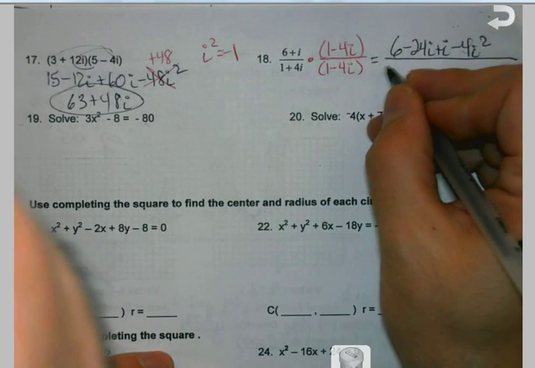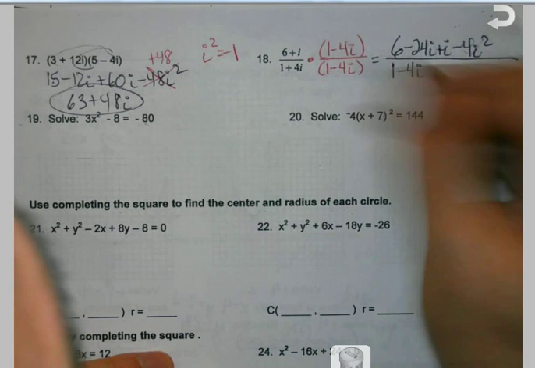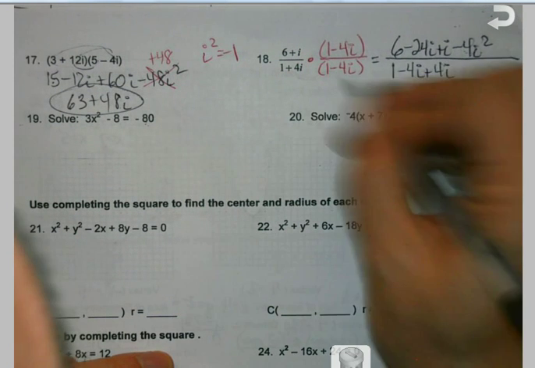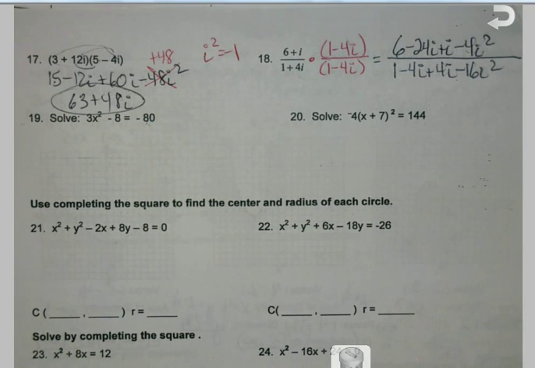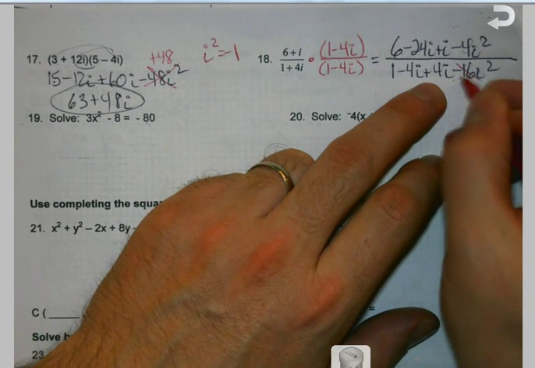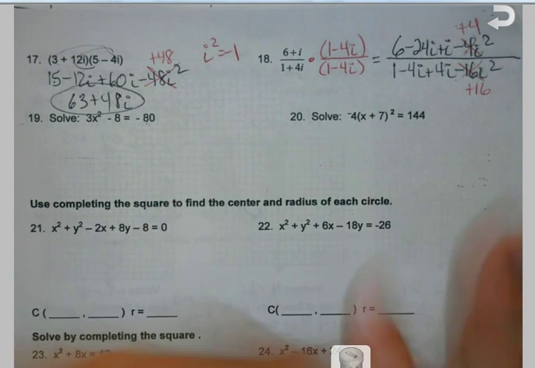And down in the denominator, I've got 1 minus 4i plus 4i minus 16i squared. But I remember my i squareds, just basically change the sign of whatever I see. So we'll get those fixed up.